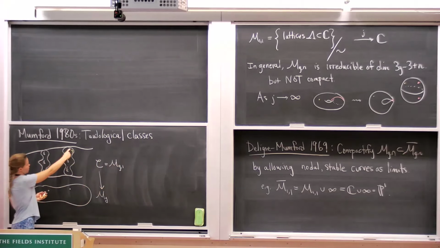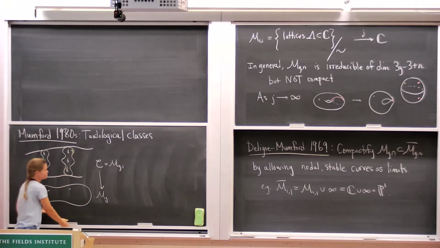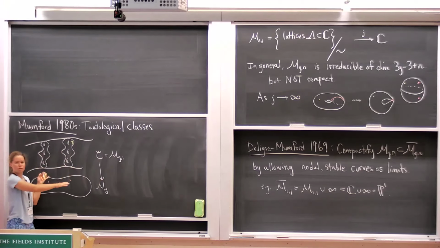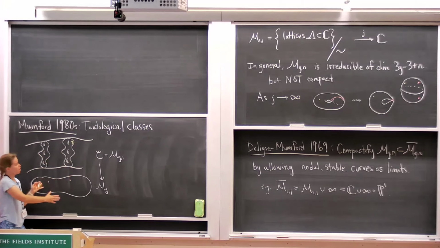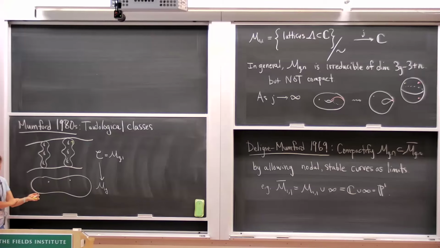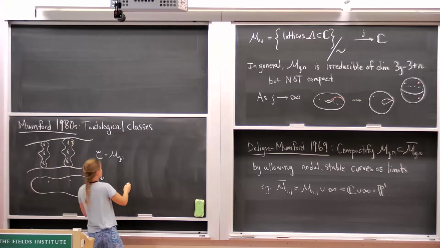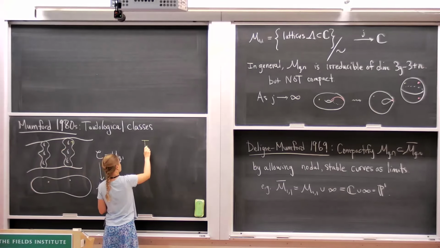Because what do I have up here? Well, I have a curve, and I have the data of a point on that curve. So this is some sort of complicated nonlinear object. And so what we're going to do is what you should always do when you see one of those, which is try to find a linear approximation to it. So picture at each point the tangent space to that curve at that point.